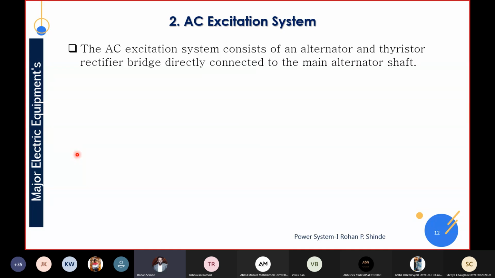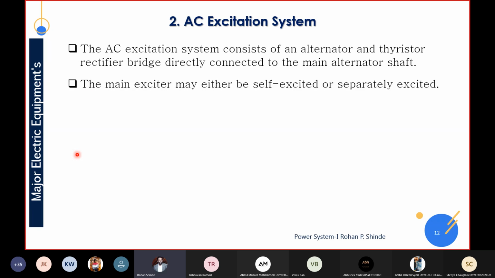In the AC excitation system, the alternator and thyristor rectifier bridge are directly connected to the main alternator shaft. Whenever a thyristor rectifier bridge is connected to the main alternator shaft, this system is nothing but an AC excitation system.